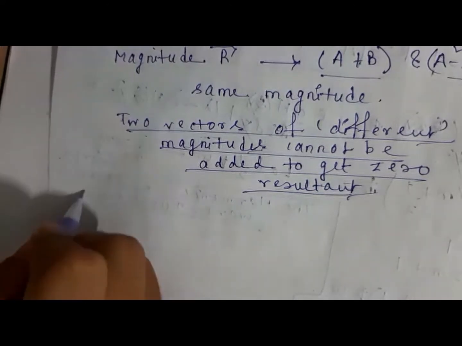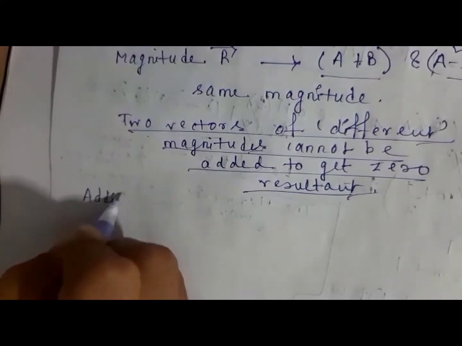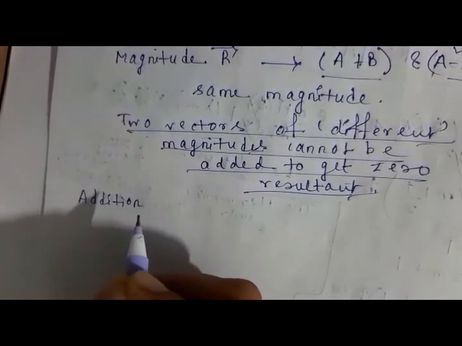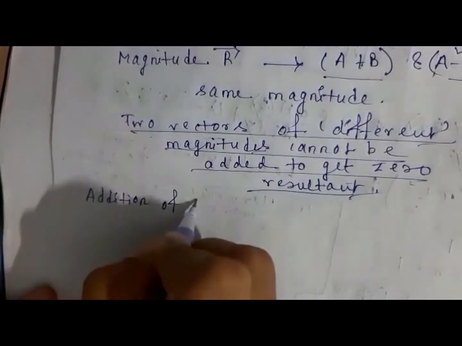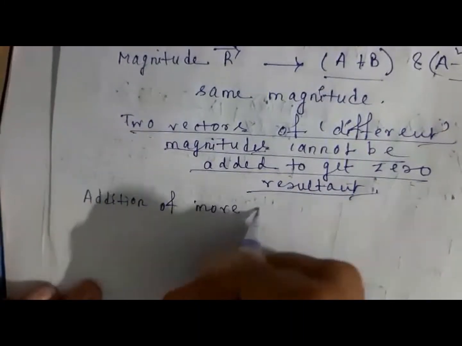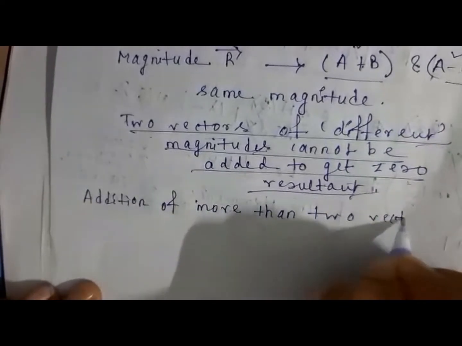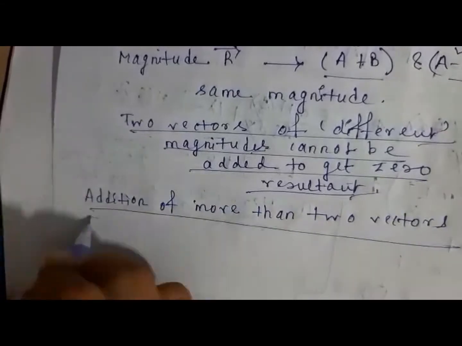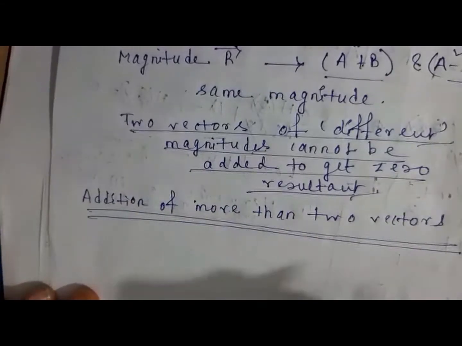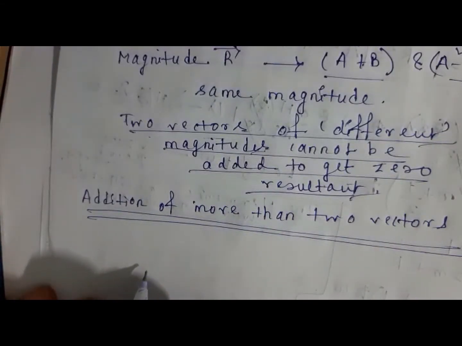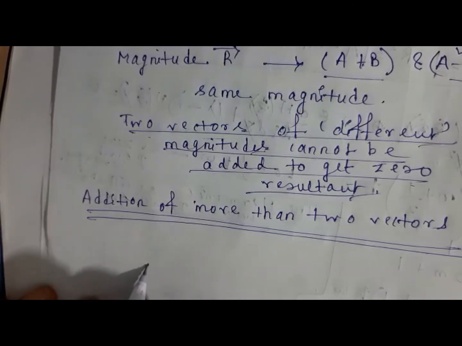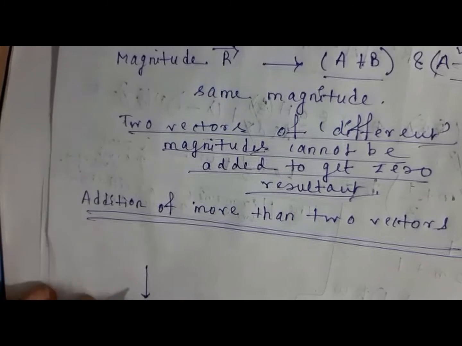Now addition of more than two vectors. So when you are adding more than two vectors, at that time what you are going to do, first suppose you give a vector like this.